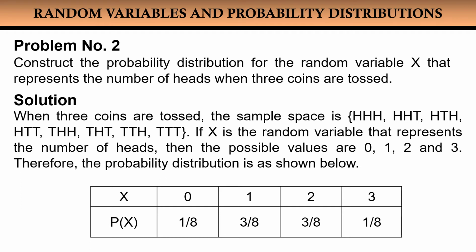So we have head, head, tail, head, and tail, head. So there are also 3. Kaya 3/8. And the probability of getting 3 heads, ayun yun, yung head, head, head. So 1 out of 8. So yun yung ating probability distribution. So to check, i-add natin 1/8 plus 3/8 plus 3/8 plus 1/8 is 8/8, which is equal to 1. So the answer is correct.